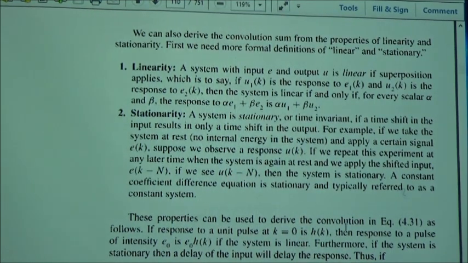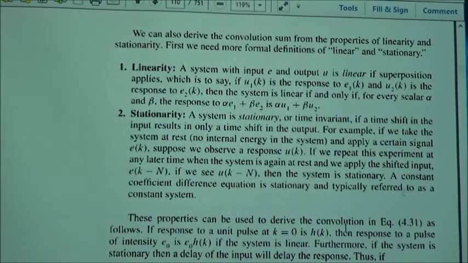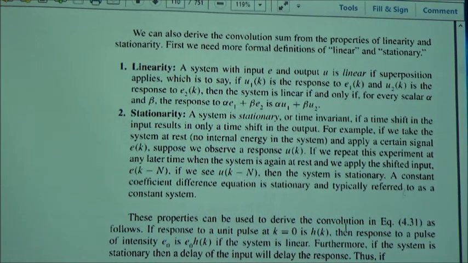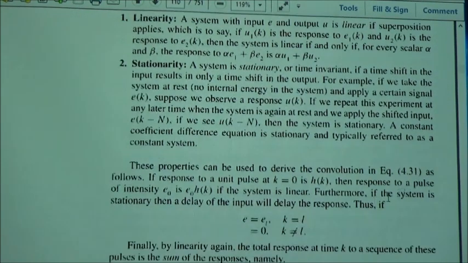So if a system is linear time invariant, it means superposition holds and time shifting holds also. Input shifts in time, output shifts equally the same amount of time. Therefore, all linear time invariant systems possess these two properties.